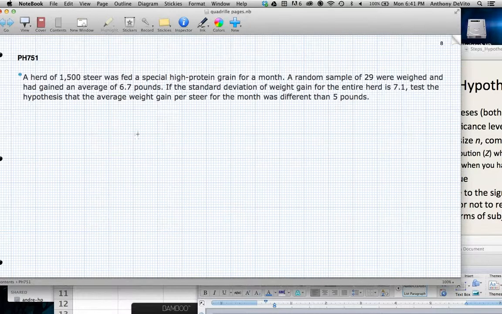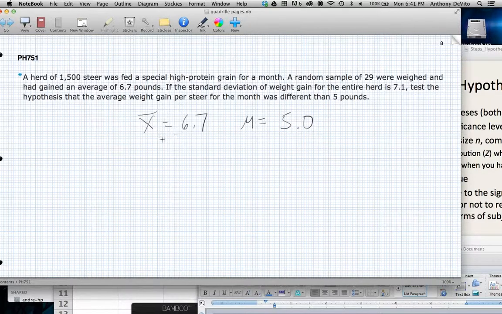Okay, so our average for our sample, X bar, is equal to what? 6.7 pounds, right? Now, our assumption is that this entire herd, over this amount of time, would have gained an average of how much? 5 pounds, right?